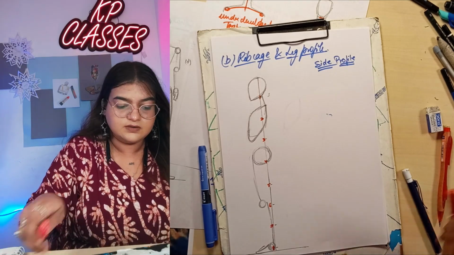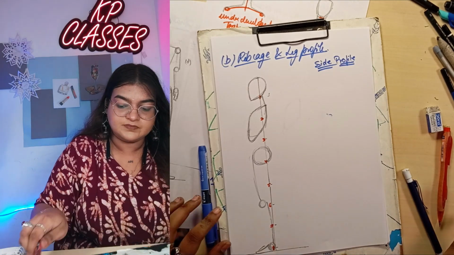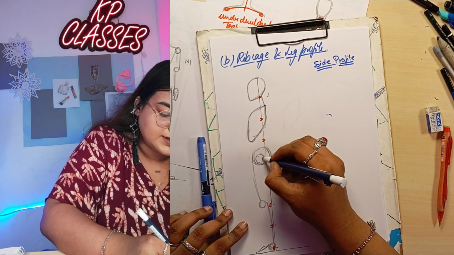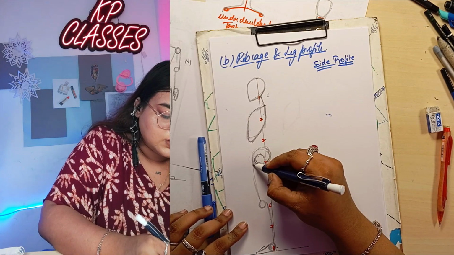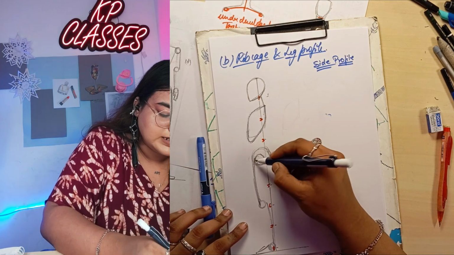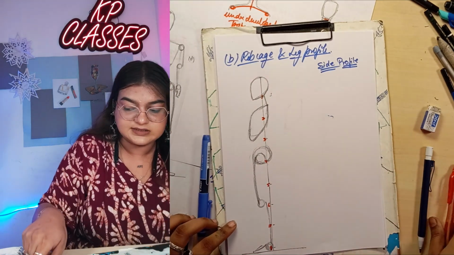Okay, so basically here was our joint, right? Somewhat here. So from the outward of the hip joint to the outward of the knee joint, we have this one single arm.